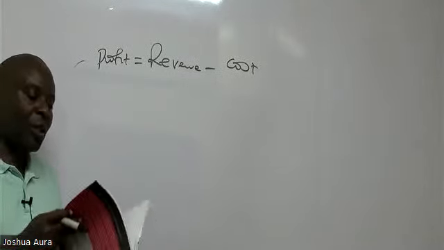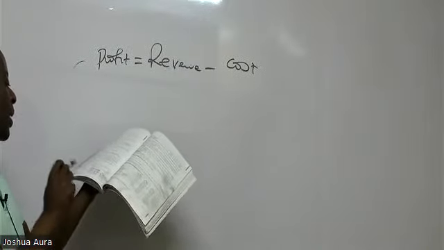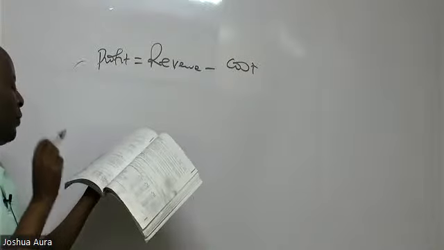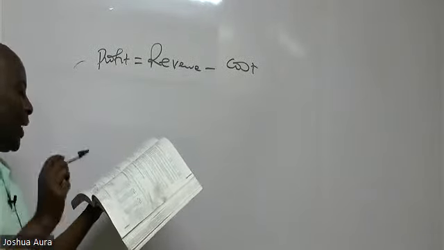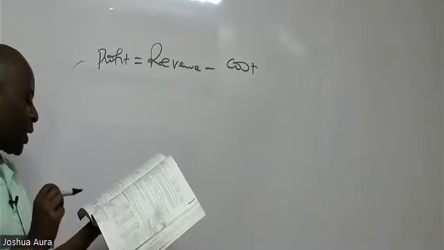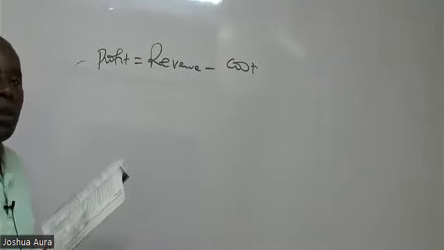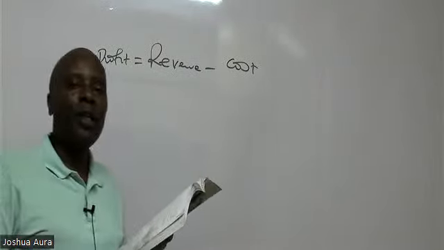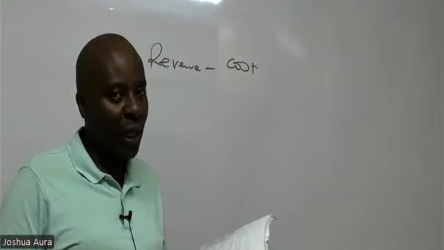So that's what we shall do. We are given some table there. You can see in this second paragraph, they've told us if Huge Limited acquires Tiny Limited, the expected results of Tiny Limited for the next years will be as follows. So we have sales, we have cash cost or expenses, we have capital allowance. So for us in finance, whenever you see capital allowance, what should come to your mind?